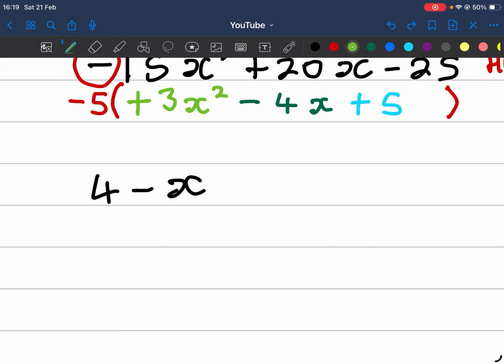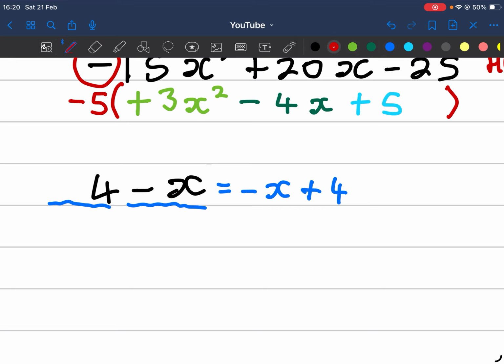So x to the power 1 would automatically be higher. So I'm going to rearrange that as negative x. This has an invisible plus, so it will be plus 4. So I took the negative with the variable on the right and the positive with the 4. So negative x plus 4.